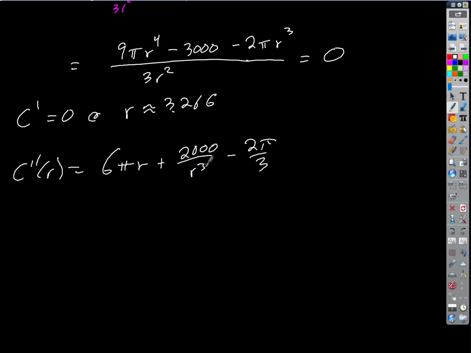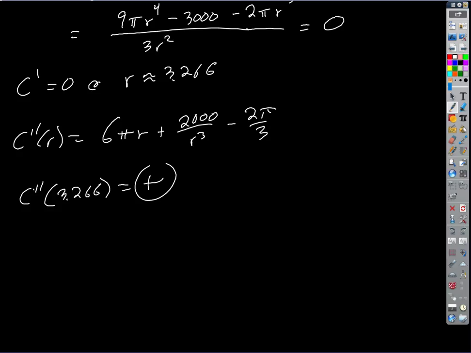That's going to be a pretty big number. That's going to be a reasonably big number. That's not a very big number, right? That's less than 3. So it's going to be C double prime of 3.266, which is definitely positive. We don't care what the value is. We just know it's positive. Okay, so what's this tell us with our table then? It's a minimum.